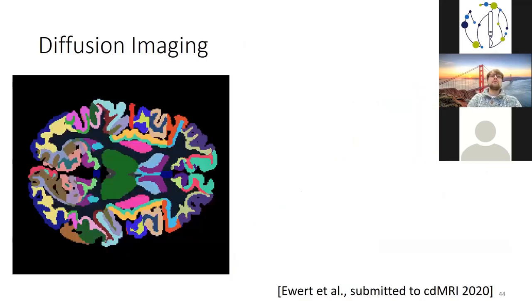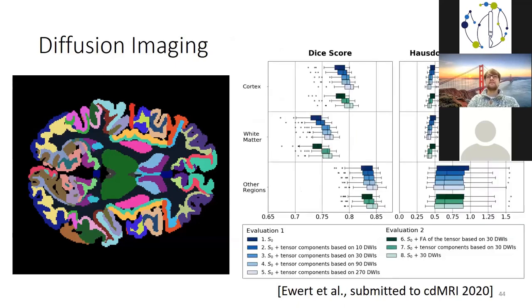Or we have worked with segmentation in diffusion imaging and diffusion data, and have actually achieved some very nice results here, and I've analyzed how different changes in what the data for the diffusion imaging is used, how that influences the performance of the segmentation network.